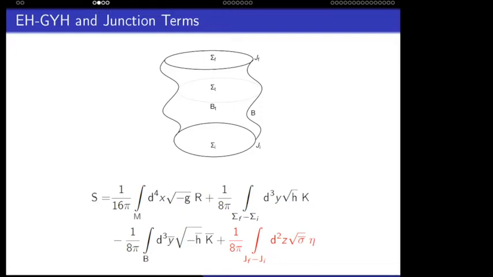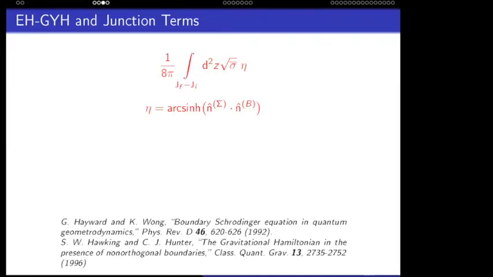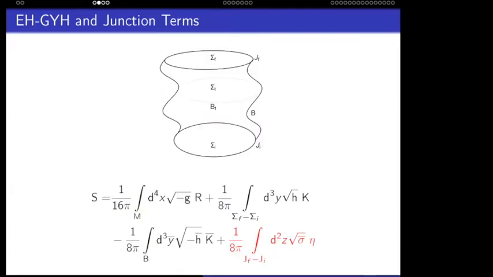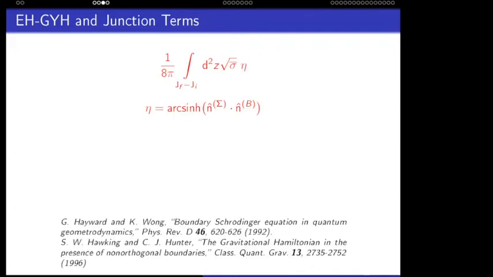So you need to introduce this term at the junctions. And this term is usually called the Hayward term. It depends on the normals, the unit normal vectors of the boundaries. This one and this one is the product of these two normal vectors.